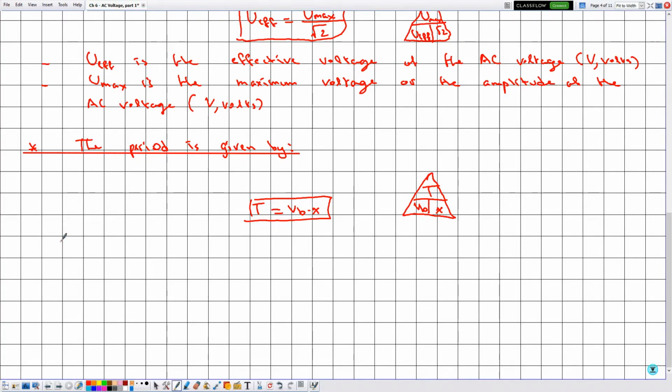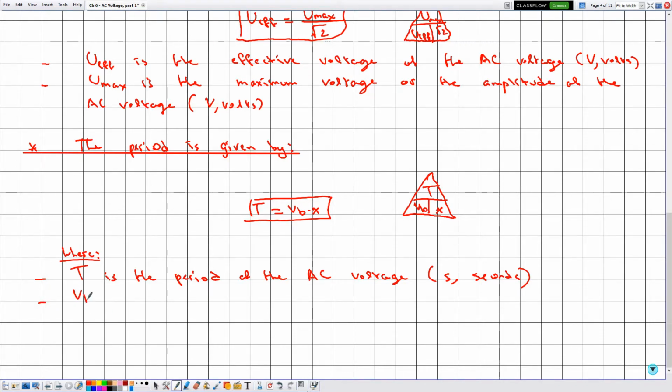And let me say where capital T is the period of the AC voltage, which is time, so for sure it is given by seconds, the SI unit of time.